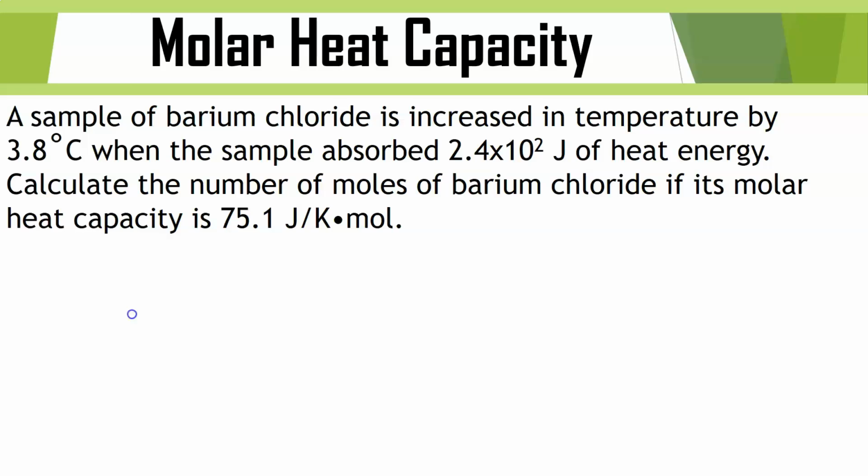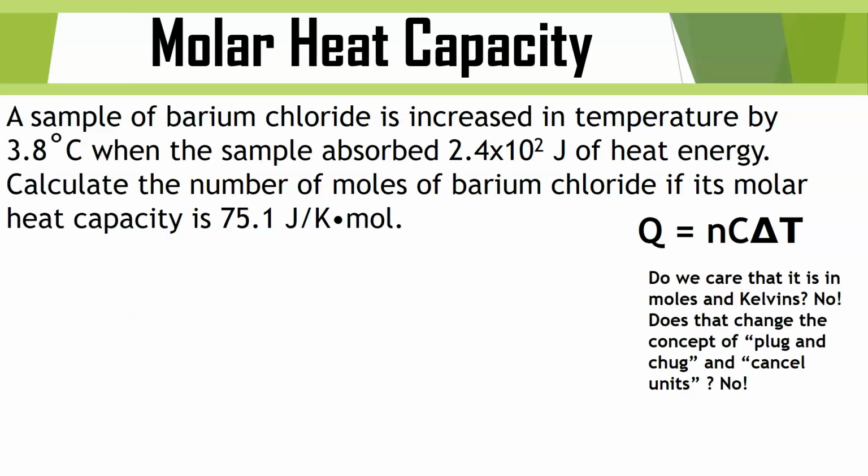So we're going to use that Q equals n c delta T problem. The thing that's weird you might notice with these is sometimes instead of saying Celsius, they do like to throw in Kelvin more often. But do we care that it's in moles or that it's in kelvins? No, we don't care. We still just plug our numbers in, we still make sure things cancel, and we move on. Not a big deal.